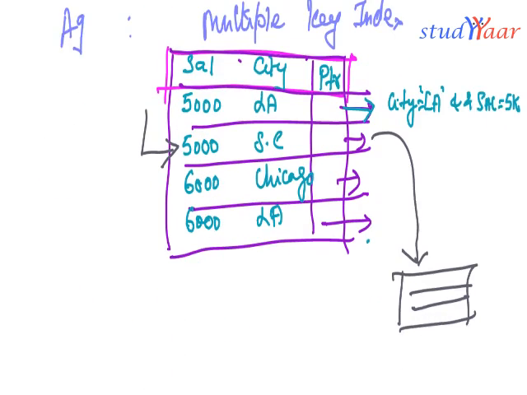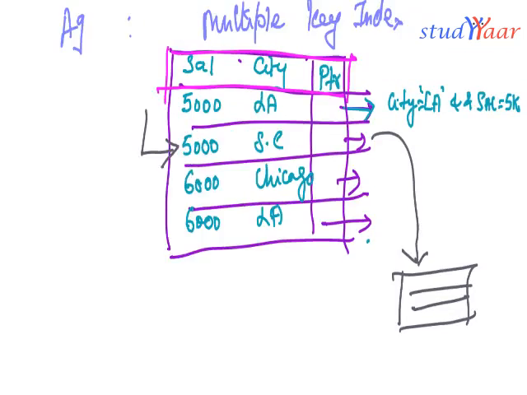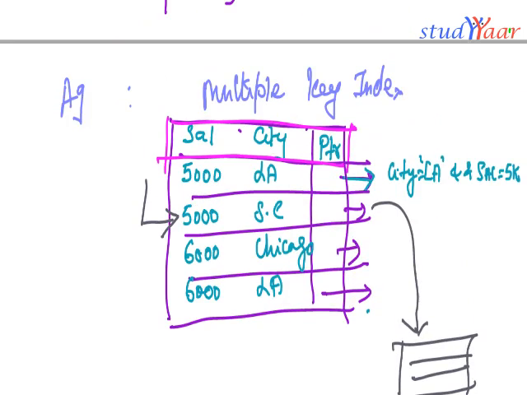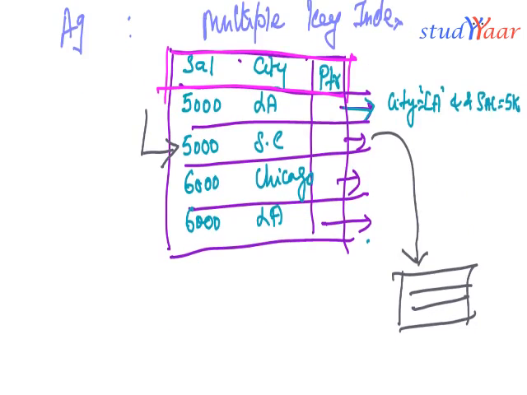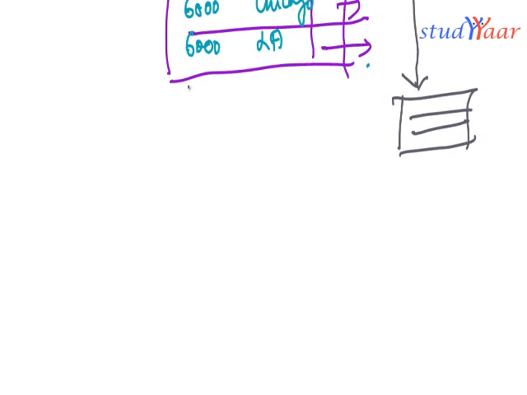So this is my A9 algorithm. We use the multiple key index. Obviously such an index has to be available for it to be used, only then A9 is applicable.